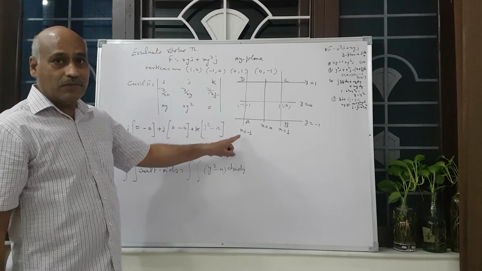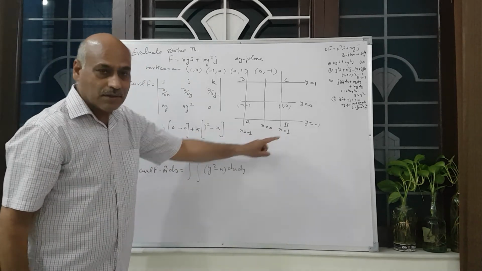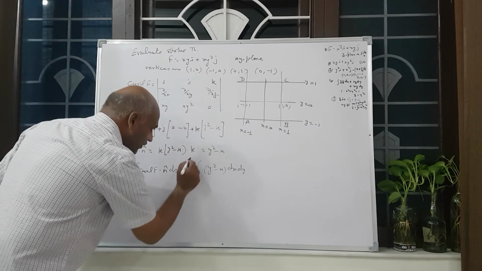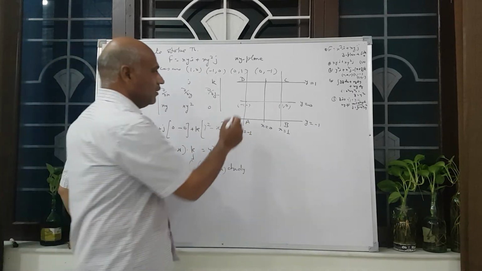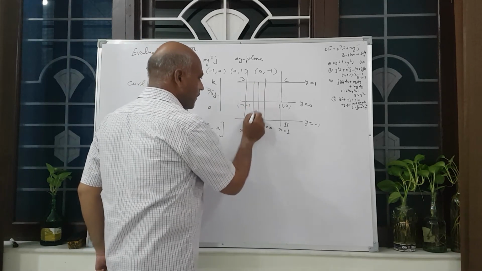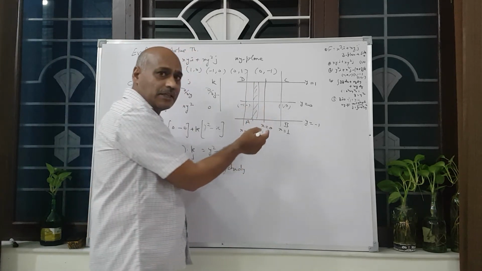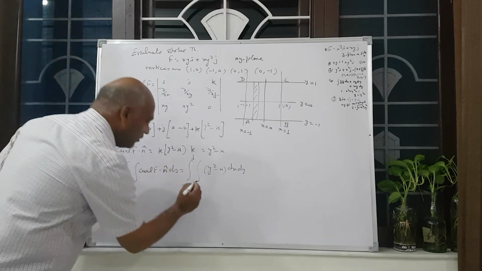So the limit of x changes from minus 1 to 1. And y you make this strip, this is the same, constant. So y also changes from minus 1 to 1.